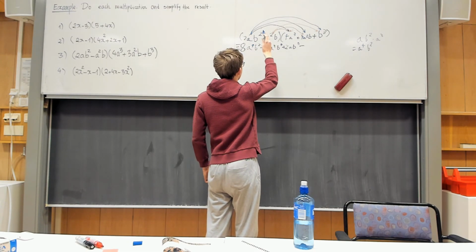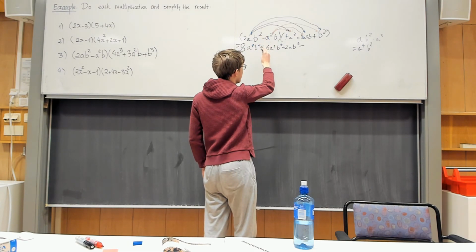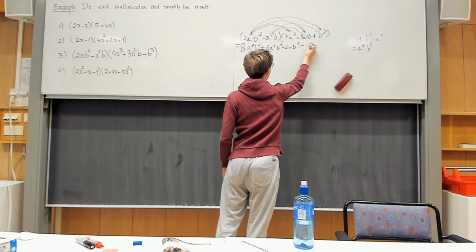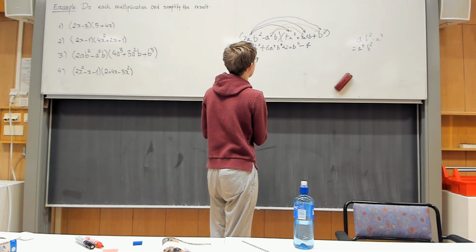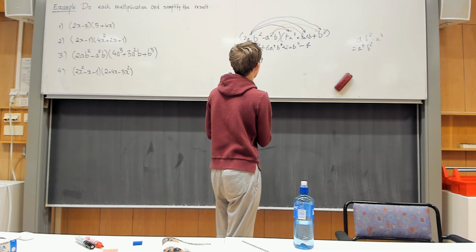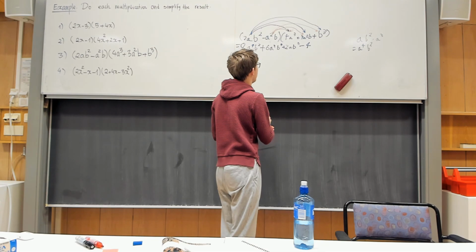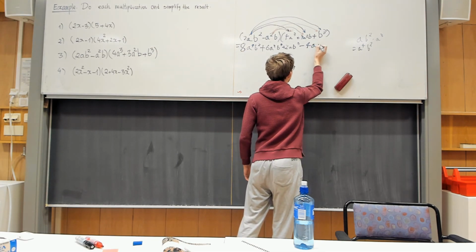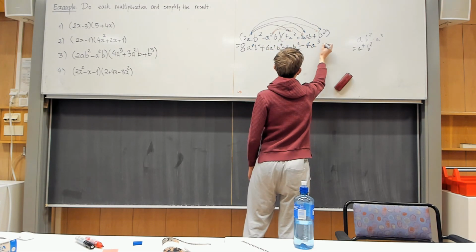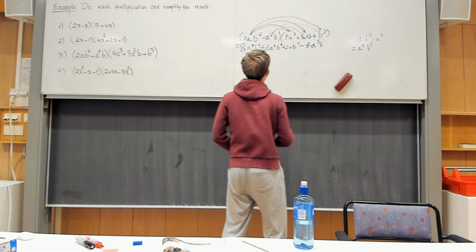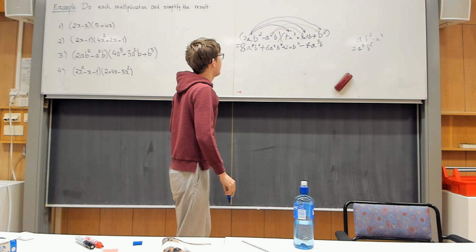Here we don't have a coefficient, or the coefficient is 1, so the coefficient just becomes 4. Then we have a squared and a cubed, which becomes a to the power of 5. And we don't have a b in the second factor, so just keep the b from there.